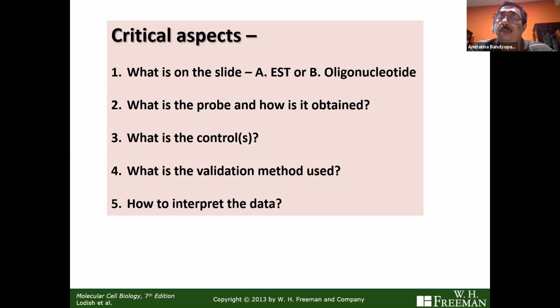And then you take pure DNA and immobilize it on the glass slide, which will be chemically modified.